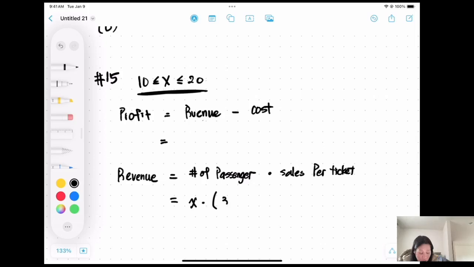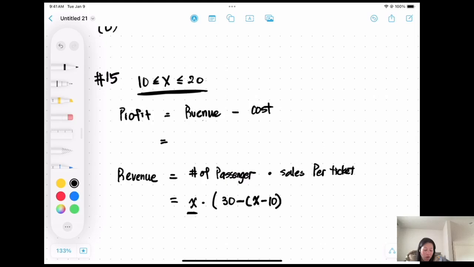they start with $30 because the minimum requirement is 10 passengers, and for each passenger that gets on, they subtract $1. X starts at 10, so we subtract depending on how many extra people there are after the 10 minimum requirement. So we need X minus 10, which makes sense. If you have 11 passengers, 11 minus 10 equals 1, and then $30 minus that 1 is $29.